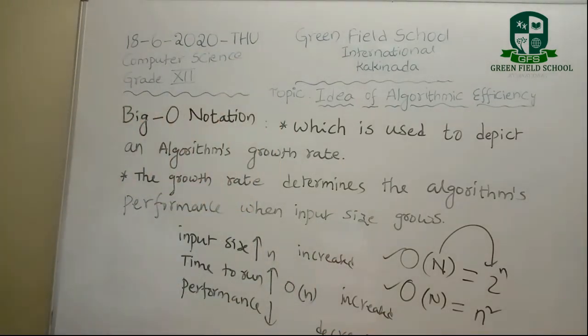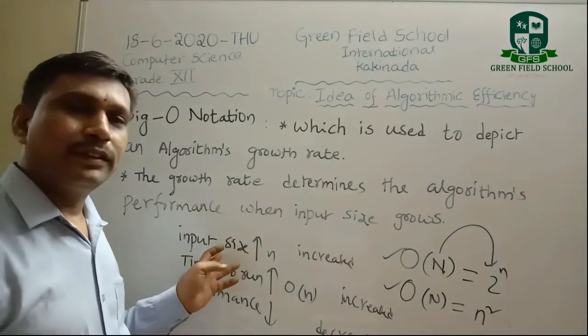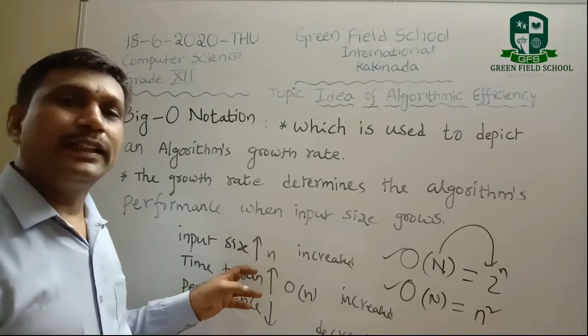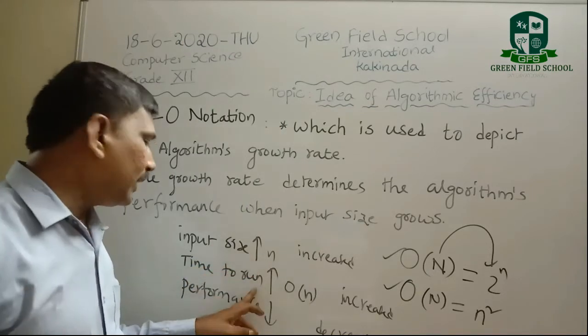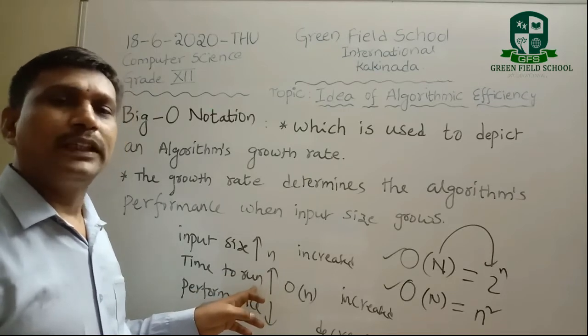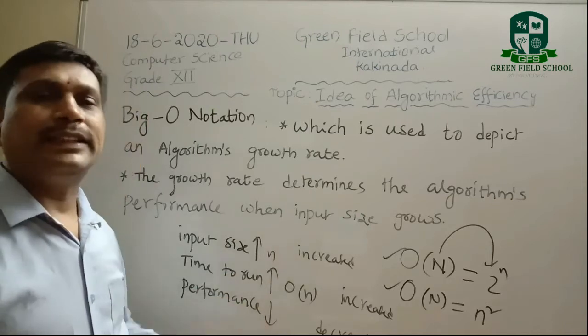That's why when we calculate big O notation of n, as our input size increases, the time to execute that program increases and its performance decreases.